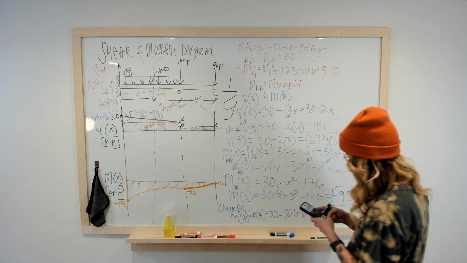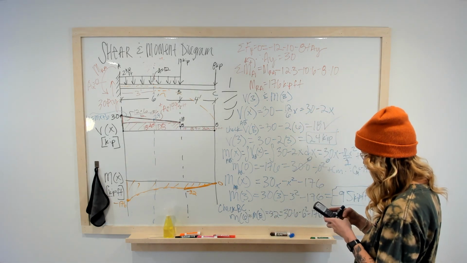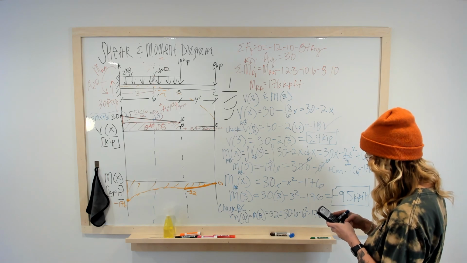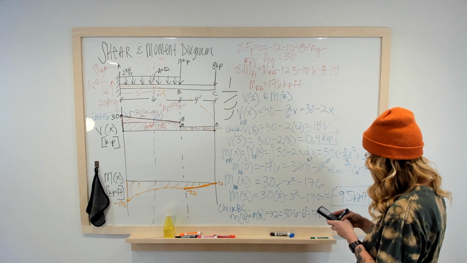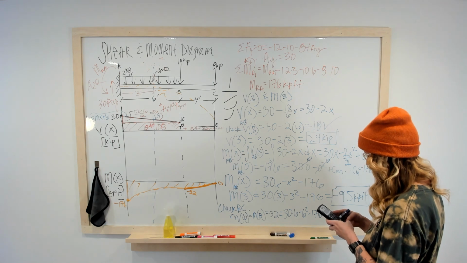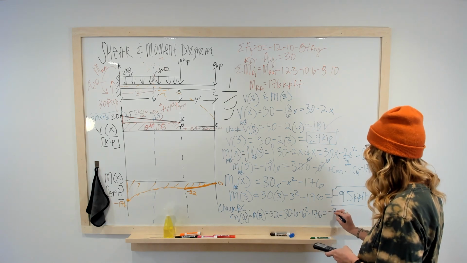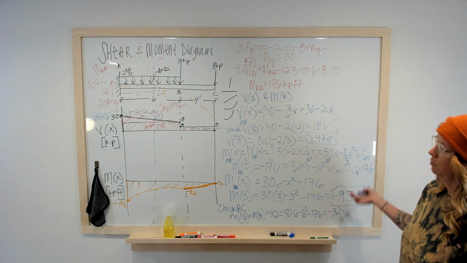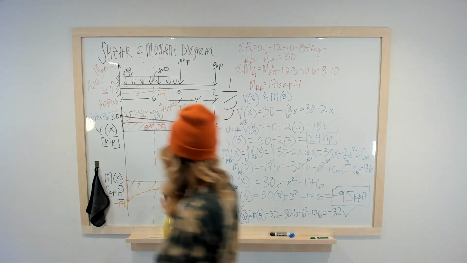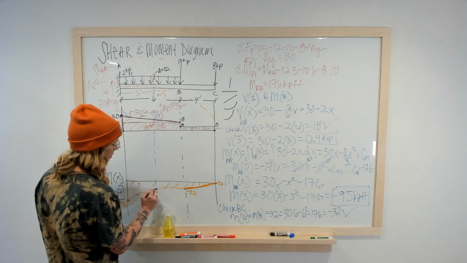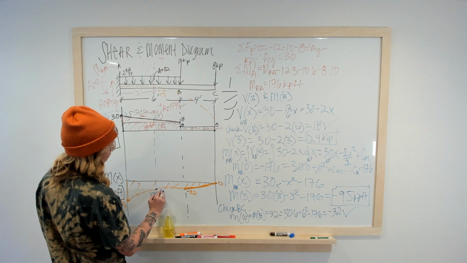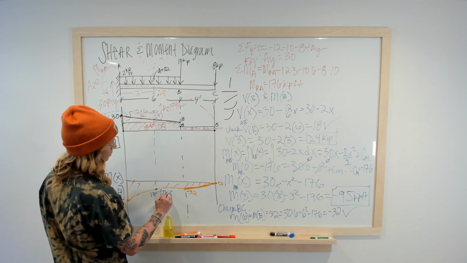So 30 times 6, 180. 6 times 6 is 36, so minus 36, minus 176. That gives us negative 32. Check, we know that equation was correct. So now we know that at 3 feet, M is equal to negative 95 kip-foot.